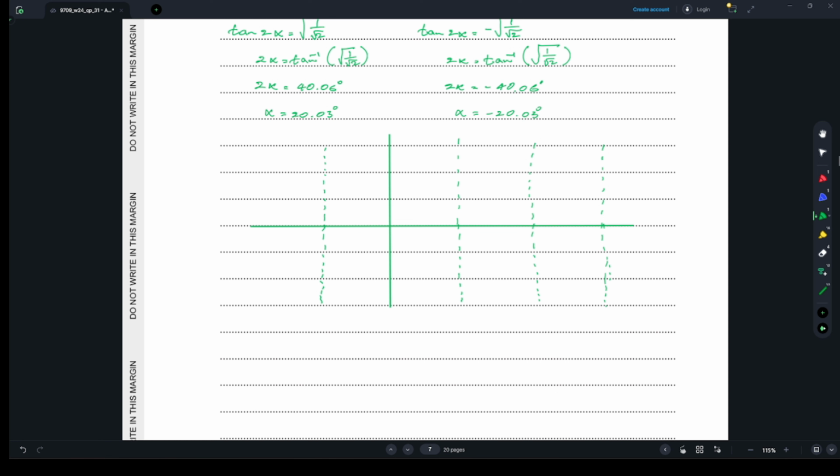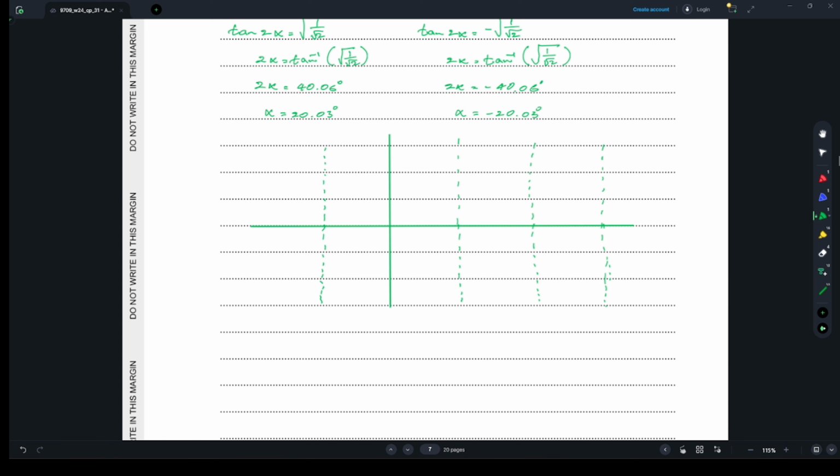So with that one, it's really easy. But unfortunately, they don't teach you that one. Okay, so in that case, we have to remember the graph of tan.